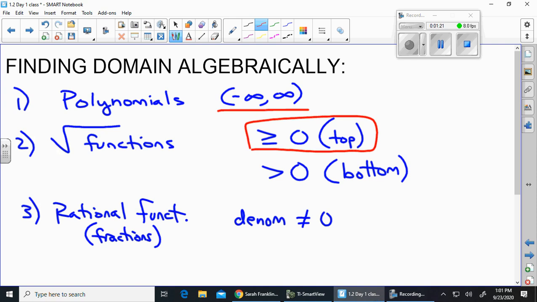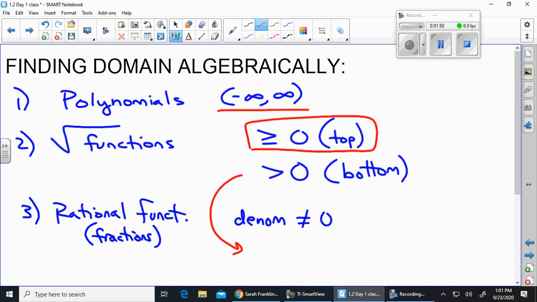The problem is I can have a rational function, number 3, where I have a fraction and I can't divide by 0. So the top of the function, we don't worry about unless it's a radical. The bottom of the function, if it's not a radical, we set it not equal to 0.